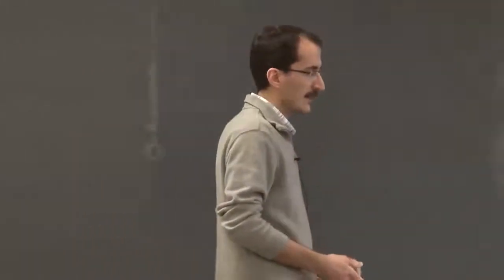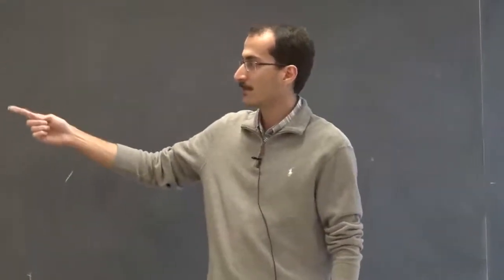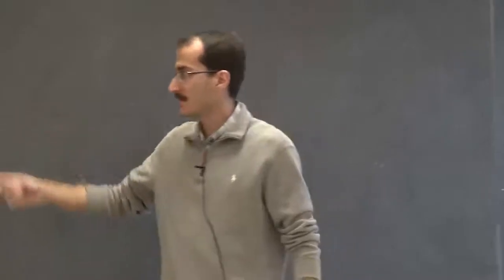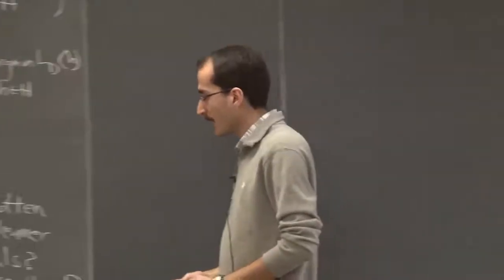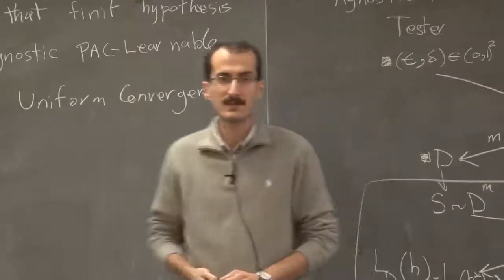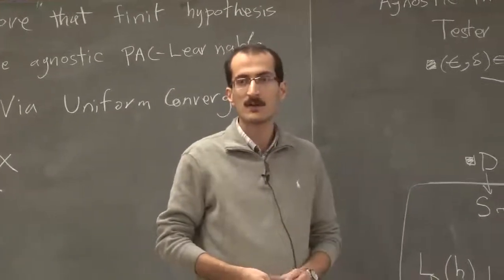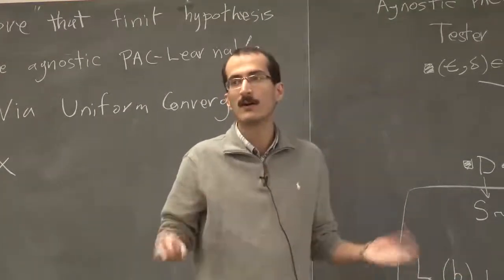So how can we prove something about the sample complexity of this? There are two kinds of bounds that people look for in these problems: lower bounds and upper bounds.